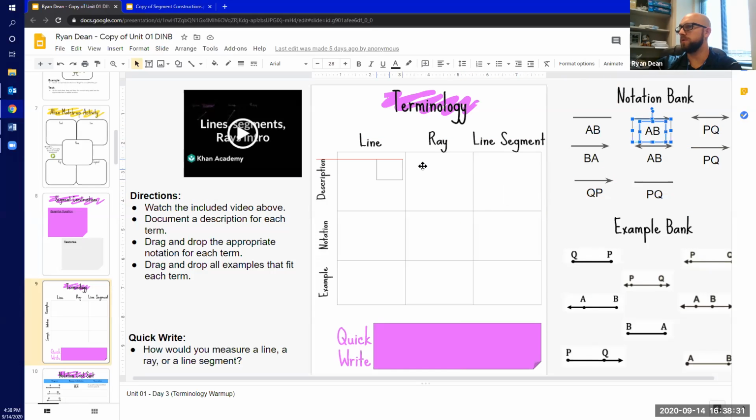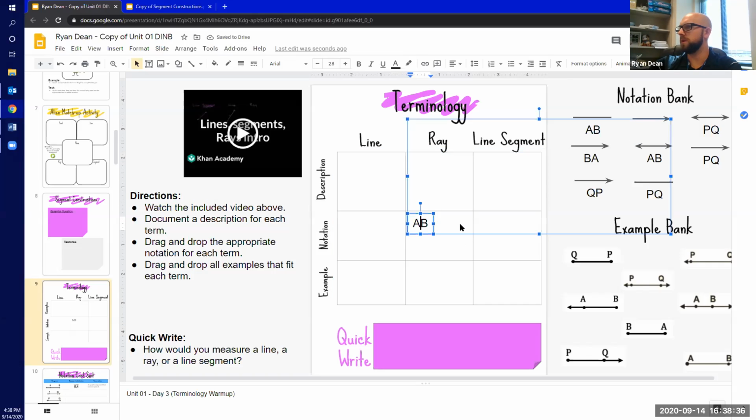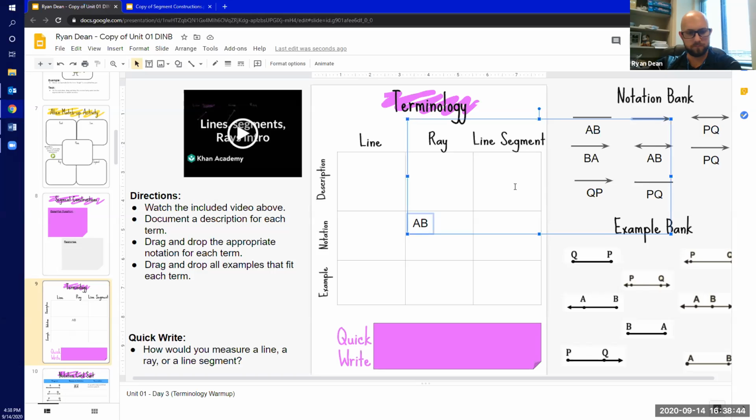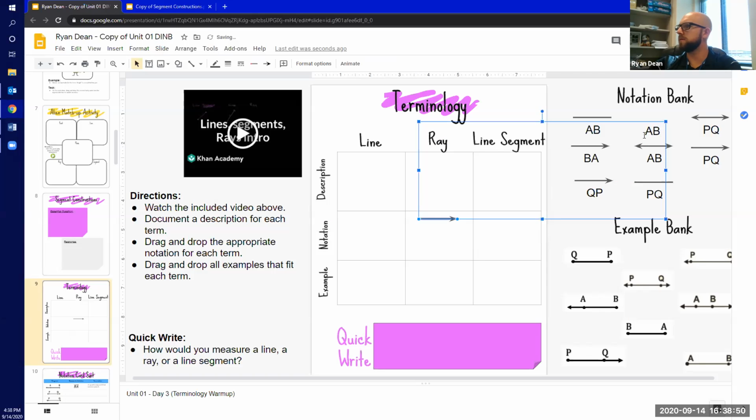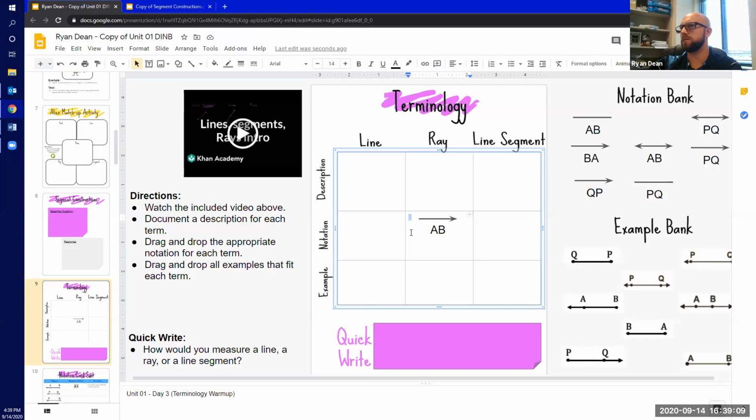So for a ray, since we just described the ray, that's part of the notation. You need to make sure that you drag both things into the box. So there's one ray. This is ray AB. As you can see, we've also got two other ones. We got this one here and here. It's actually three. So you could drag all three of these and then put them right in here into this box.